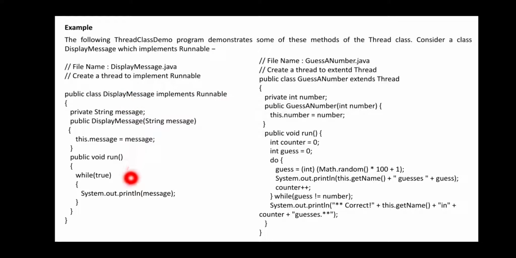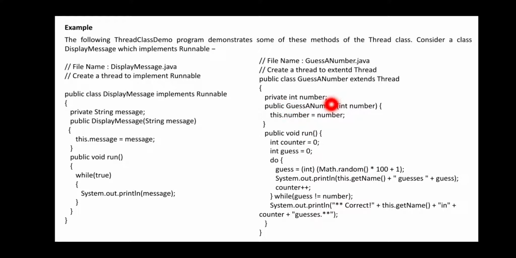So some information he is going to define here. Then afterwards you are going to call a public class GuessANumber extends Thread. One is a thread class, another one is implementing with Runnable. So two different ways of defining or using the thread as well as Runnable statements.